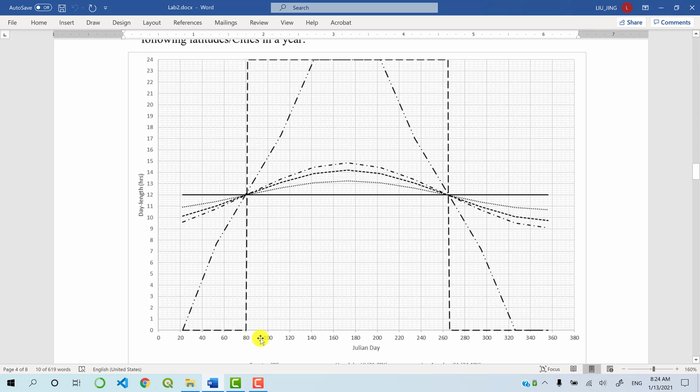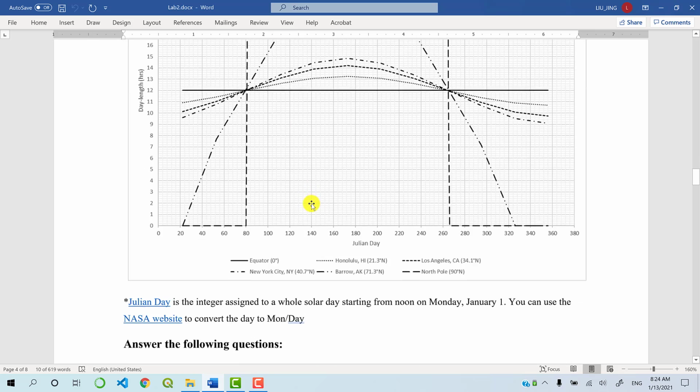That is 6 months, 24-hour day, and another 6 months, 24-hour darkness. It's just dramatic. The next day, you don't have any sun. Okay, just have one sunrise and one sunset. One sunrise here, one sunset here. Okay, it's amazing.